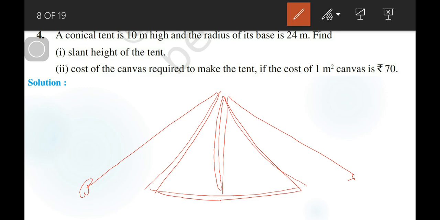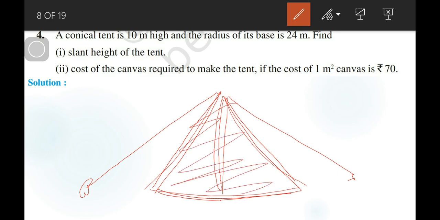So we want to find the cost of the canvas to make this tent. We know that for this we only need to find the curved surface area of this cone because it has no base.